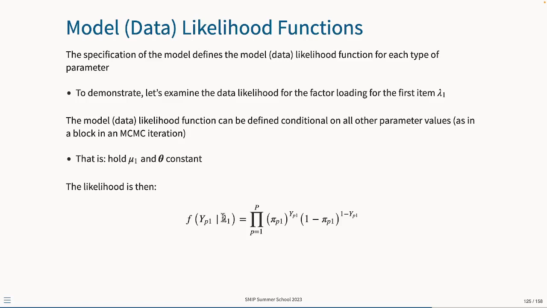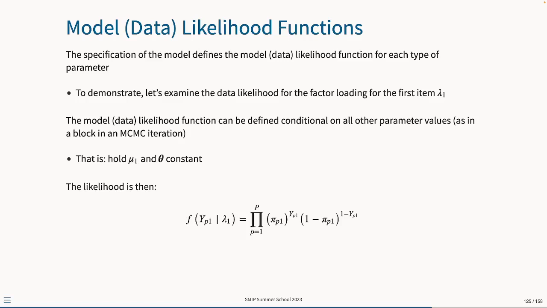For one factor loading or discrimination, what we're after is the posterior distribution of lambda conditional on y. But when we use Bayes' theorem for that, we end up needing the likelihood of the data given that factor loading. I'm just doing this for one factor loading, holding the item intercept and theta constant in this case.